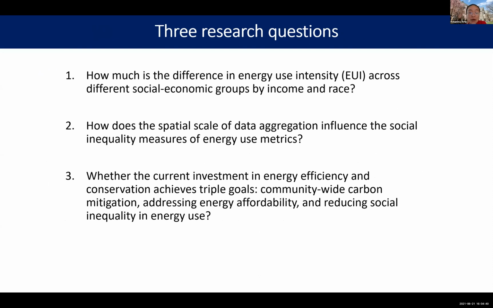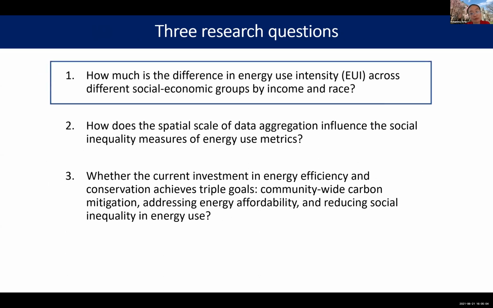The second is how does the spatial scale of data aggregation influence the social inequality measures of energy use metrics? And third is looking at investment in energy efficiency and conservation, whether the investment helped to achieve the triple goal: community-wide carbon mitigation, addressing energy affordability, and reducing social inequality in energy use.